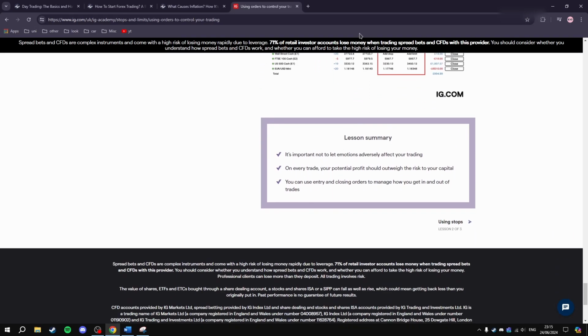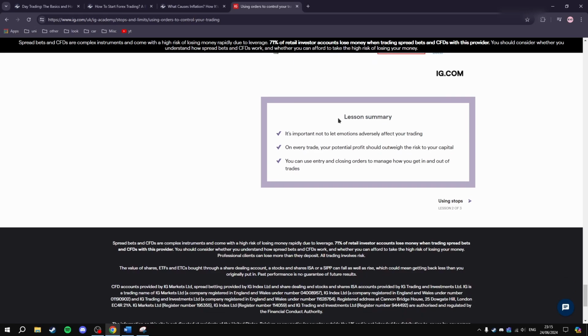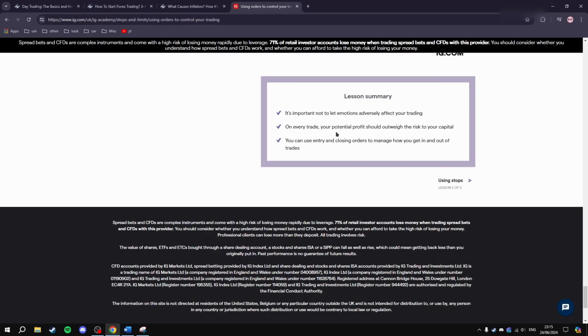Okay, so let's summarise then. It's important not to let emotions adversely affect your trading. On every trade, potential profit should outweigh the risk to your capital.